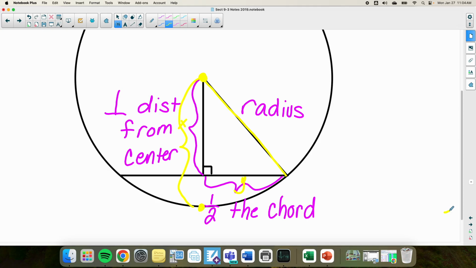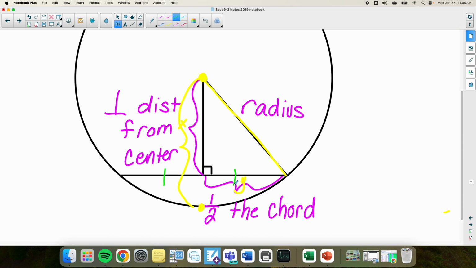They will call the distance from the center to your chord. Do you know what this means? Perpendicular, right? Perpendicular distance from the center. That's this distance. It goes from the center perpendicular to the chord. And I already talked about the fact that these two pieces of the chord would always be equal. And then this would be half of the chord.